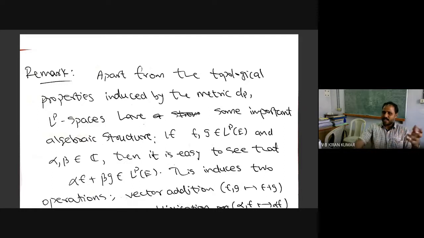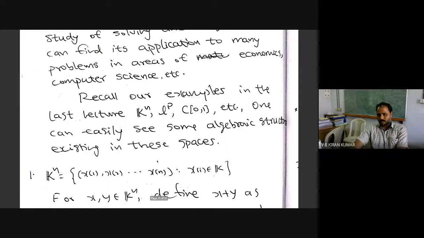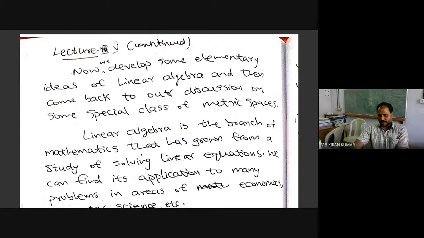But in addition, we have an algebraic structure here, right? So we are going to deal with such spaces, where we have an algebraic property as well as a topological thing, and their interplay. So now we are going to have some general discussion on vector spaces.